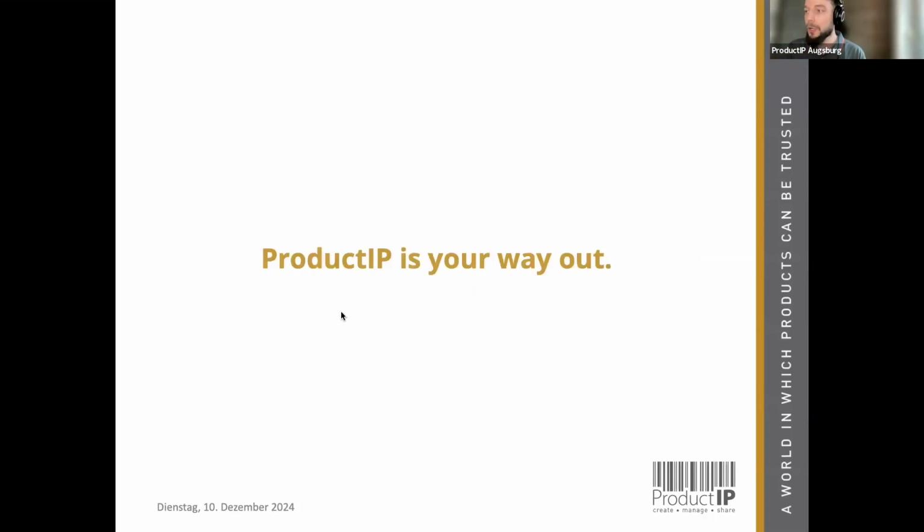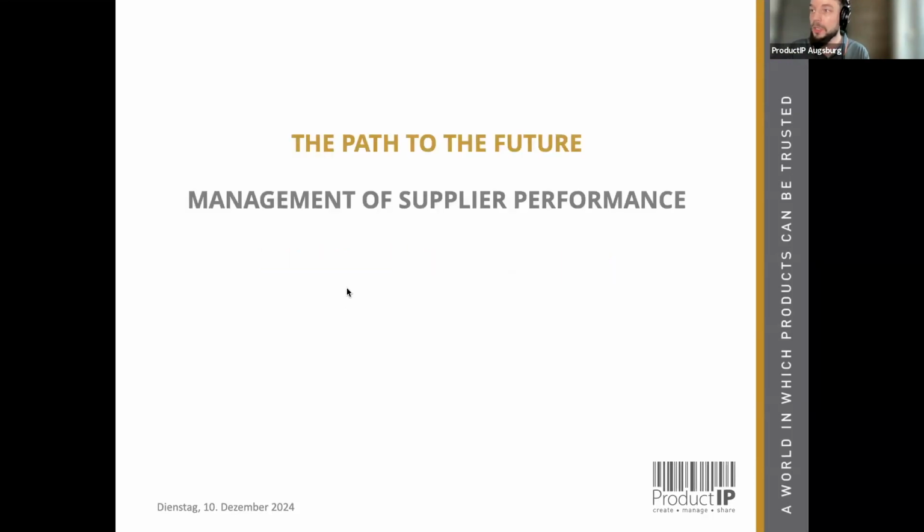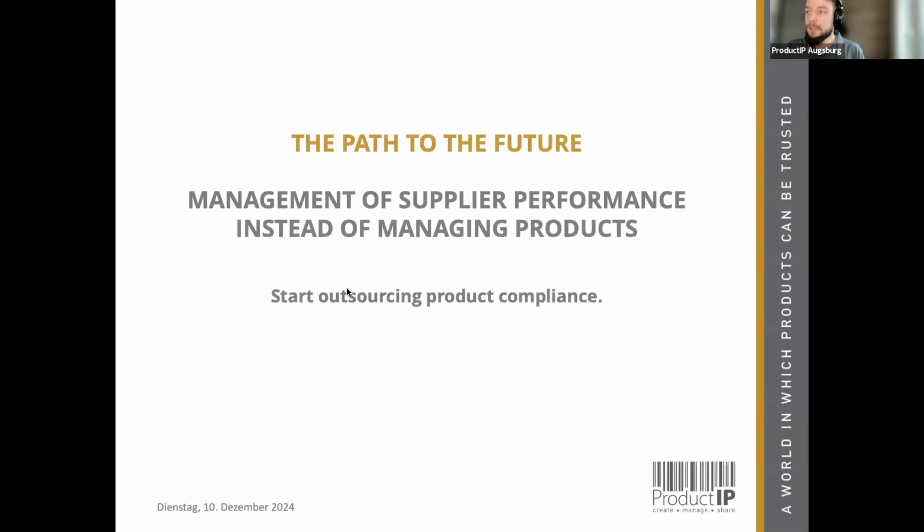So Product IP has a way out, and this path to the future is managing supplier performance rather than managing products. In order to do that, you will have to start thinking about outsourcing the work that you're currently doing into the supply chain. It's a very similar topic to what we had decades ago with production.